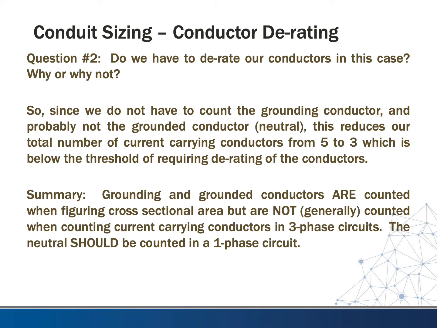So we'll upsize it to number 10, and that usually takes care of things. But again, this can cause a lot of confusion in the industry. A lot of times people think when they run a 3-phase 4-wire circuit that they have to derate the conductors. This is generally not the case because we don't have to count the neutral in most cases as a current carrying conductor.